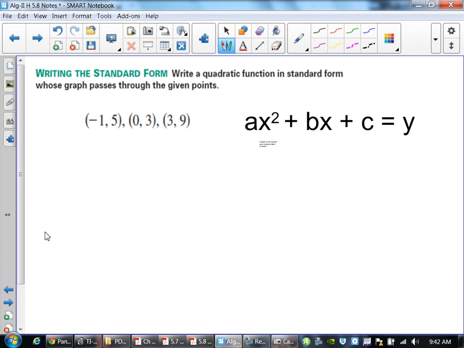What this is going to do is that you've got 3 sets of x's and y's, which means you're going to wind up with 3 different equations.